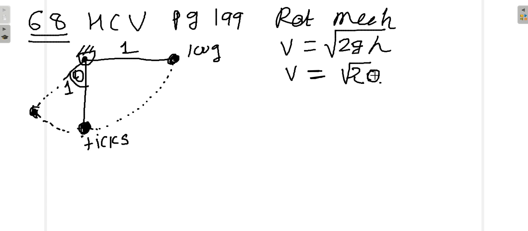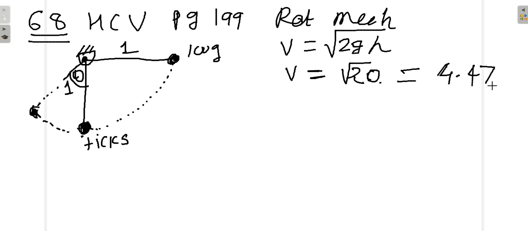The velocity as it hits here will be root 20. Let me calculate the value of root 20. Root 20 is 4.47 meter per second.